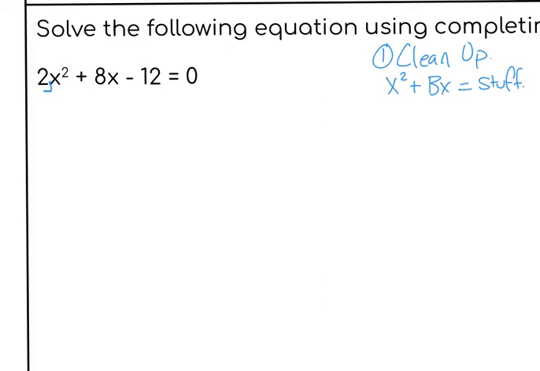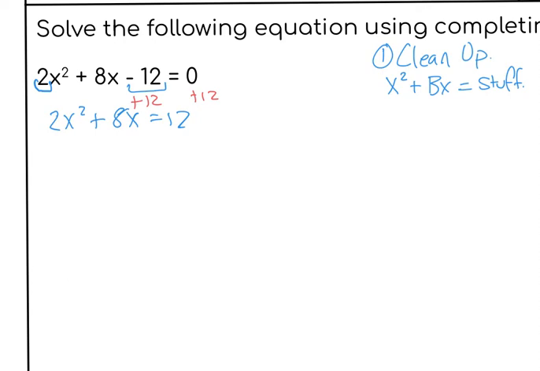The stuff that prevents it from looking like that are that 2 out front and this minus 12 here. The first thing that I might do would be to add 12 to the other side, because that's what we're comfortable with solving things. And when we do that, we get 2x squared plus 8x is equal to 12.